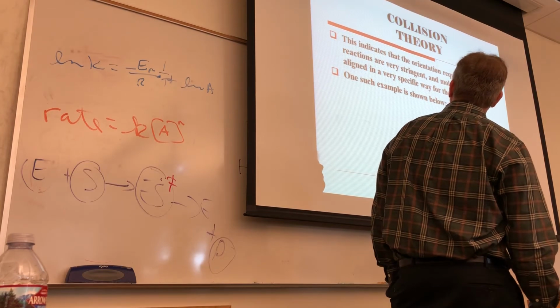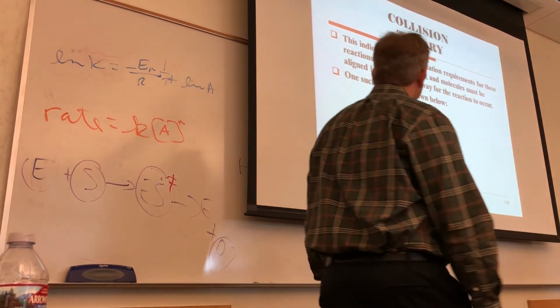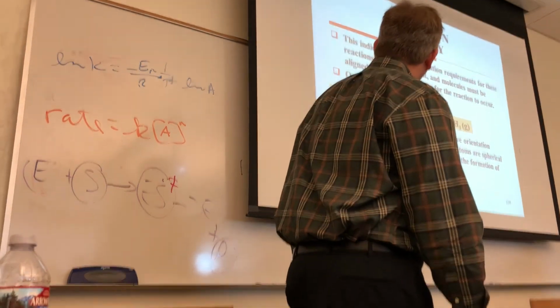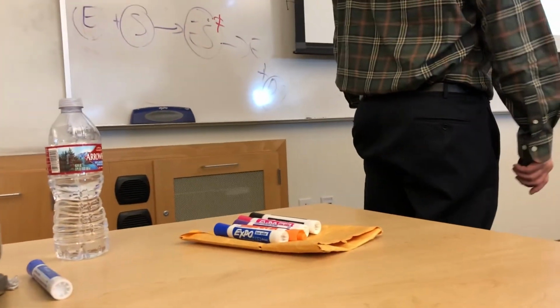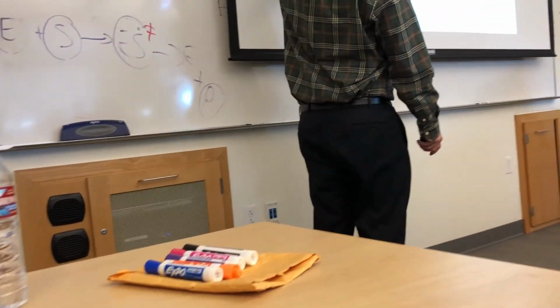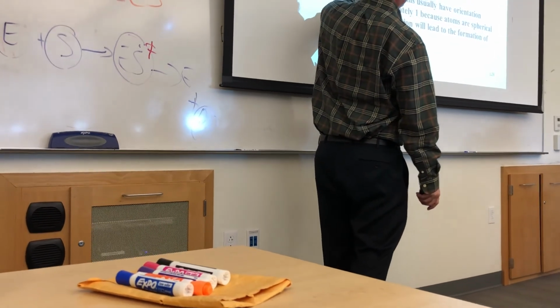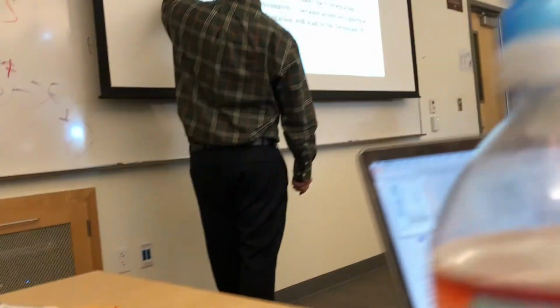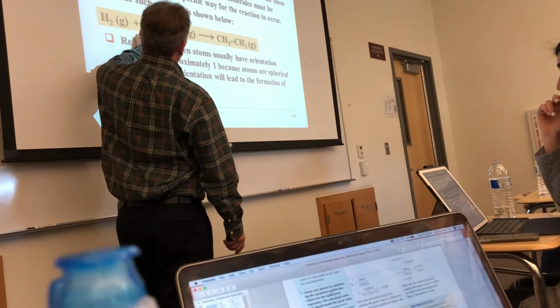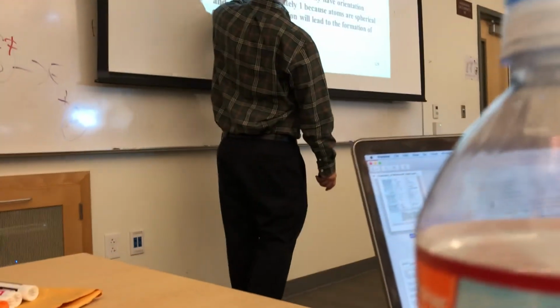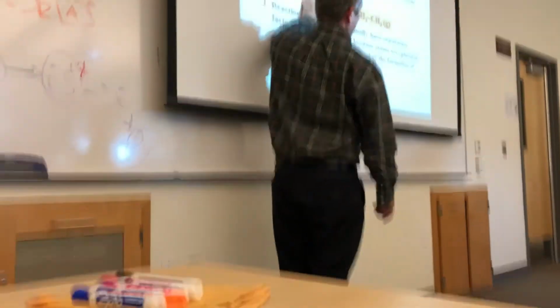Then this should be pretty obvious. I'll let you read this. Very stringent, to be aligned in a very specific way. Okay, here I have H2. It wants to interact with the CH2 double bond between the carbons. In order to do that, this H has to come onto one carbon, and the other H has to go onto the other carbon. And that gets rid of the double bond there.